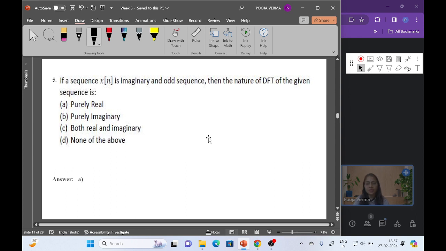So if the sequence is imaginary and odd, then the nature of the DFT will be purely real, because if we multiply by the j part, then again the sequence is imaginary and odd, so the result will be purely real only.